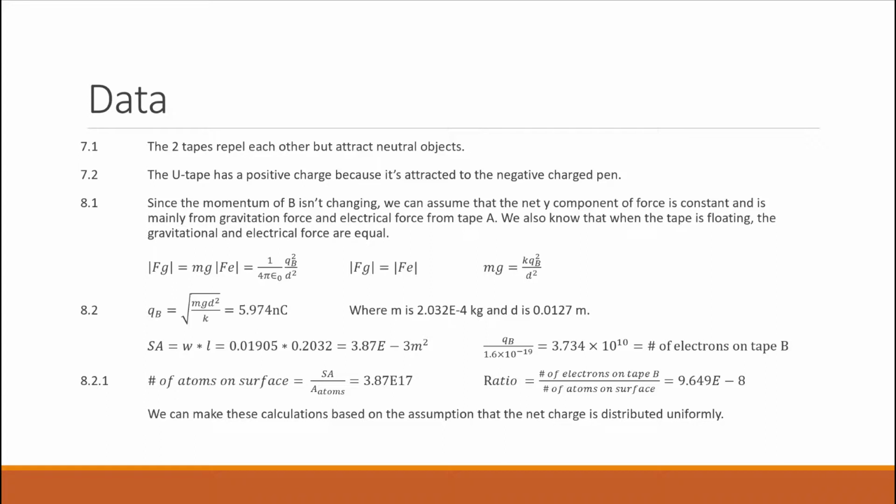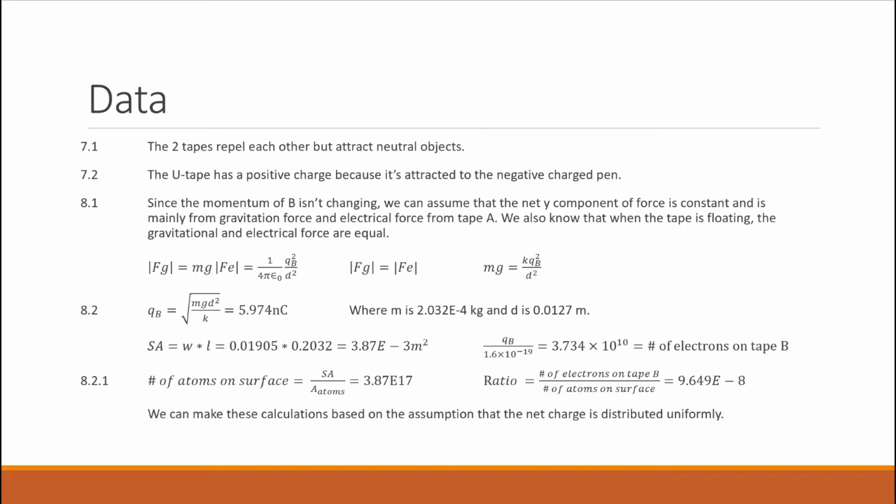If all of a sudden those tapes were negatively charged, they would still have the same effect on each other, because they both still have the same charges. So each will act in the same way.